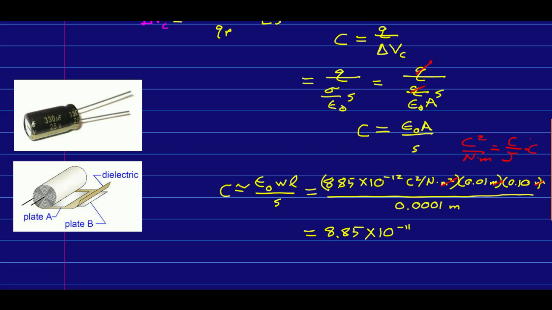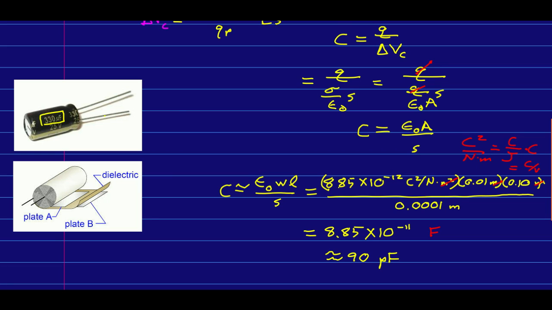And a joule per coulomb is a volt. So that's coulombs per volt, which is what we knew it had to be. That's farads. And so this estimate has come out to be around about 90 picofarads. Note, the side of this capacitor tells you that it's about 330 microfarads.